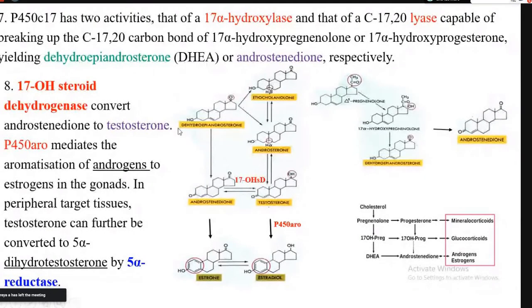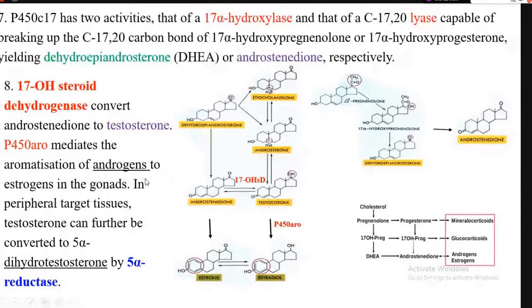This is the sex hormone site, the third site. Then 17-beta hydroxysteroid dehydrogenase converts androstenedione into testosterone. This is the third branch, testosterone.